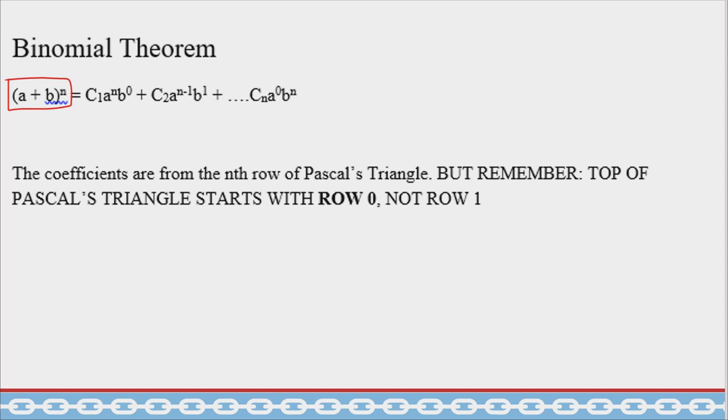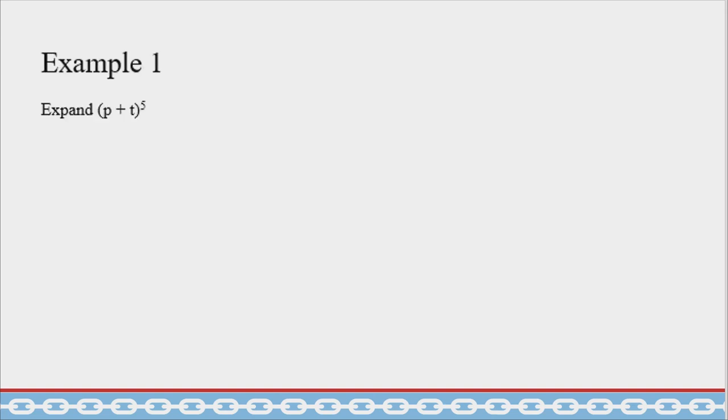The coefficients are from the nth row of Pascal's triangle. But we have to remember that Pascal's triangle starts with row 0 and not row 1.